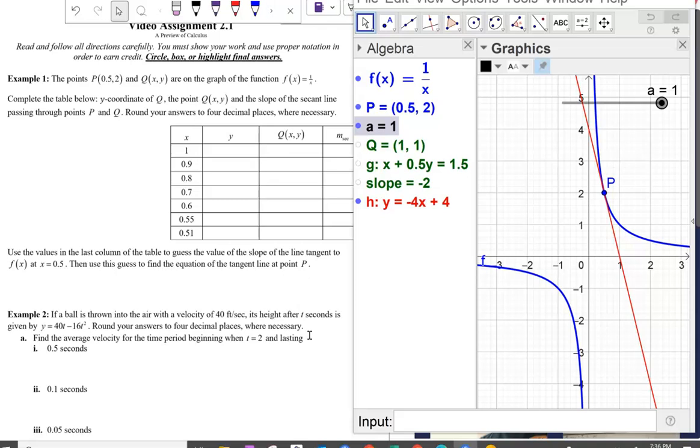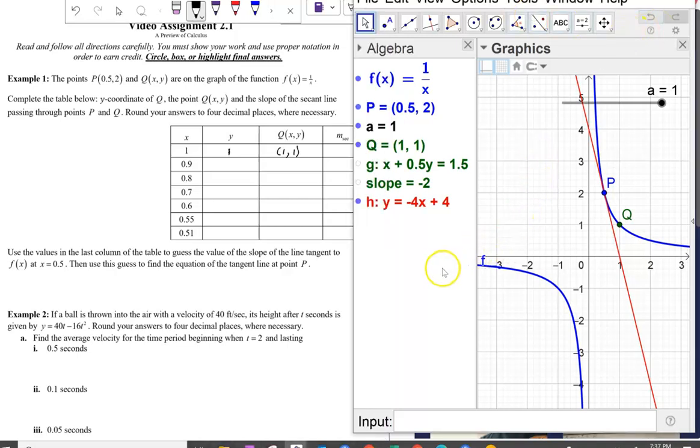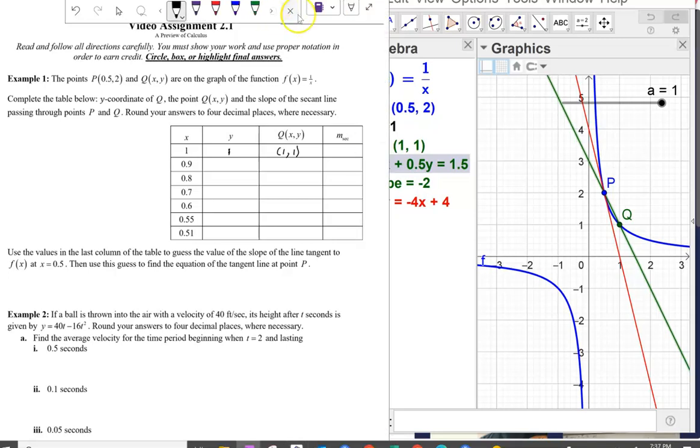the point P. So, for example, we could start with x equaling 1, and we have this point Q when x is 1. When x is 1, y is also 1. And the point Q of x y is (1, 1). Next, we want to find the slope of the secant line that goes through P Q. In other words, we want to find the slope of this line.